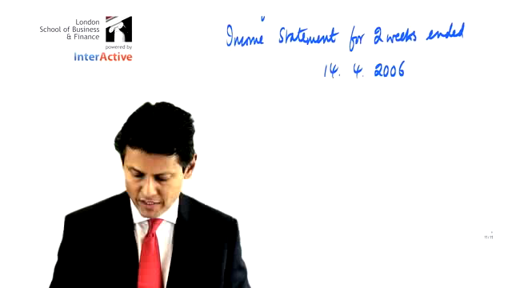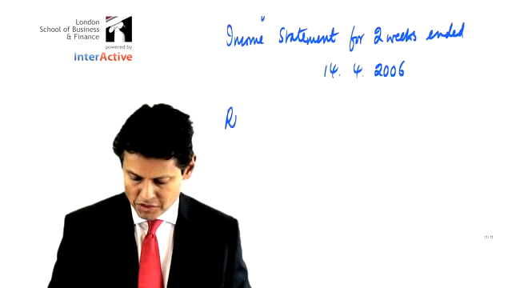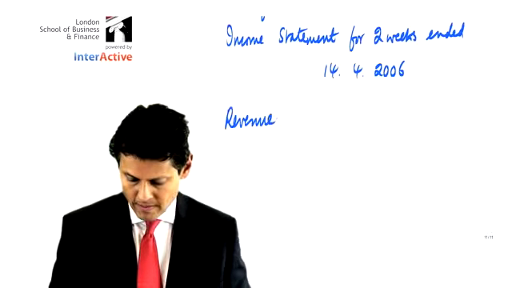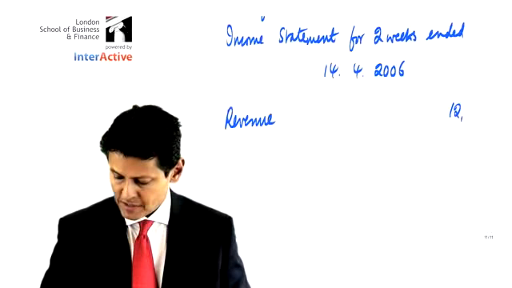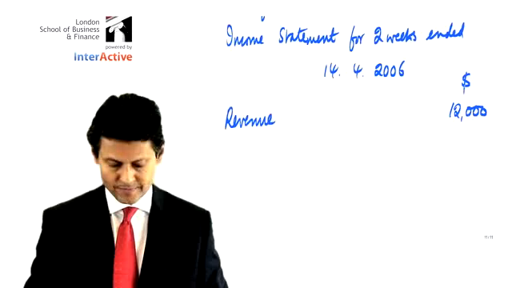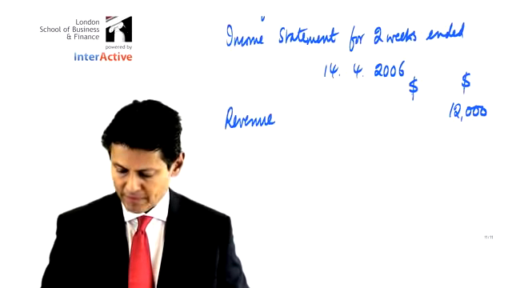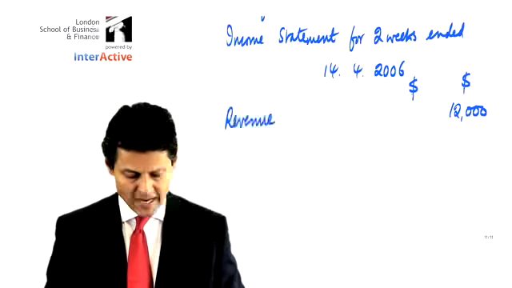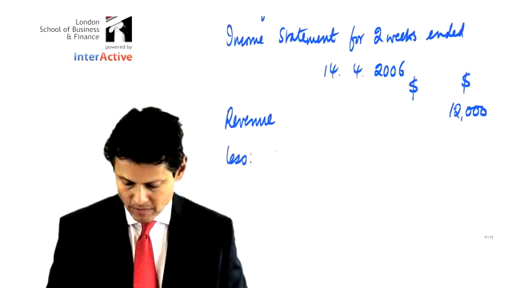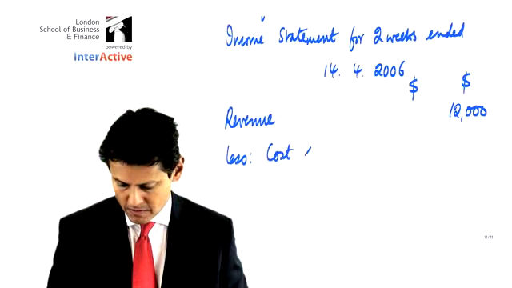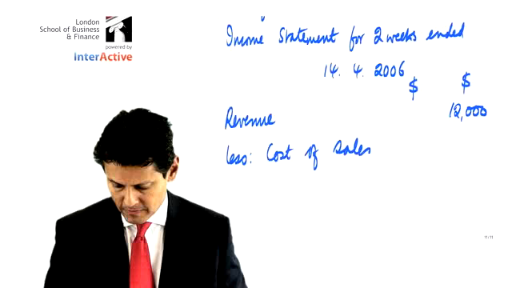Okay, sales revenue, or just revenue for speed, from the trial balance stands at 12,000. Now this is quite an easy exercise once you've practiced a couple. I'll do a couple of dollar signs, less what's known as cost of sales. If you turn back a few pages, you'll find the formats we were looking at.